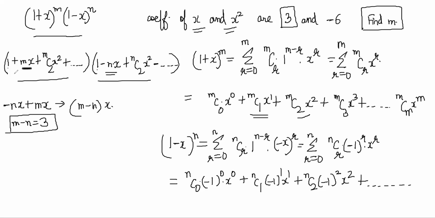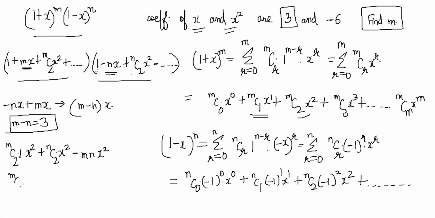And for the x square term, how will you get it? You can do mc2 into 1 x square, and nc2 into 1 x square, and one more term which is x into x, that is minus mn x square. There is no other possibility because other terms have powers of x cube and higher.